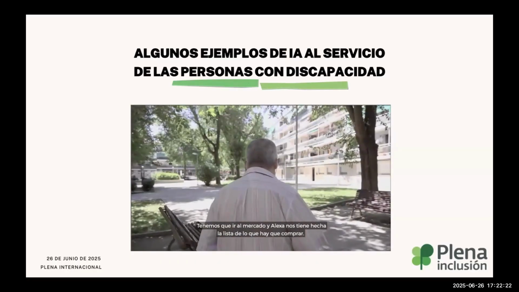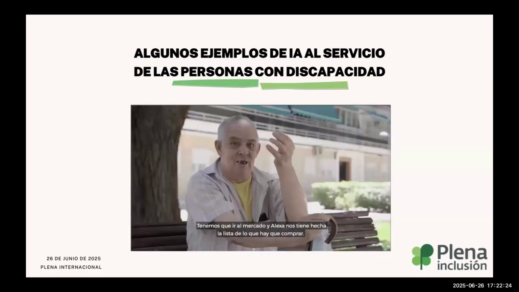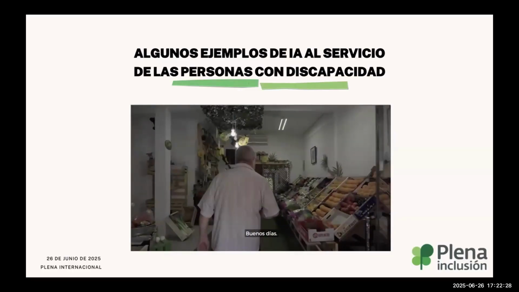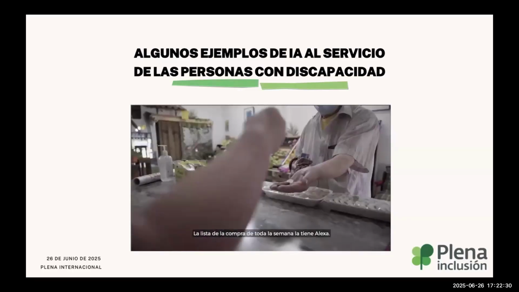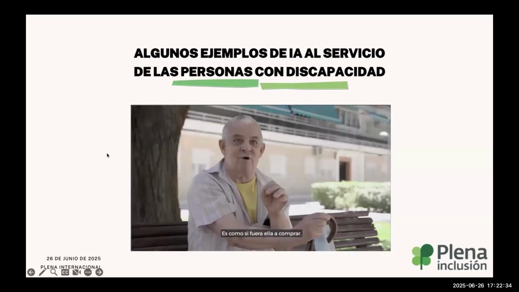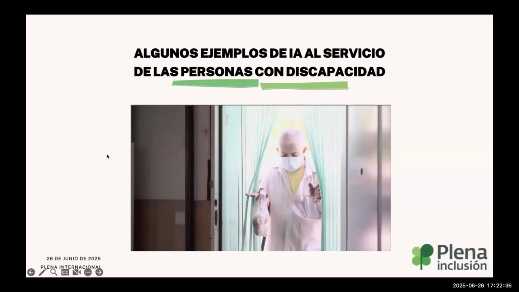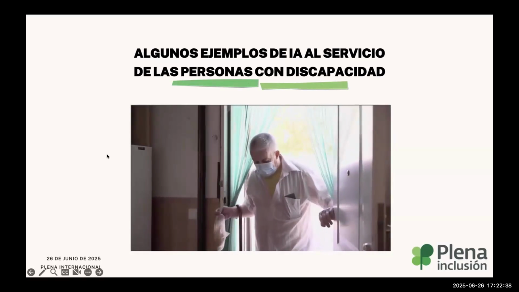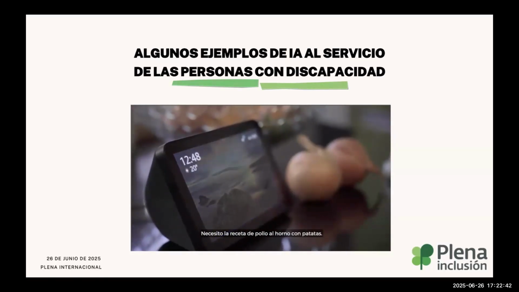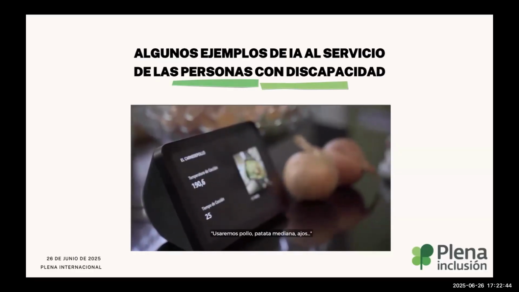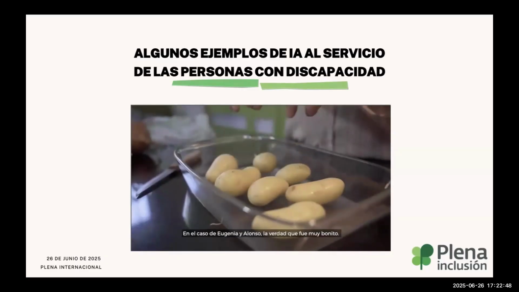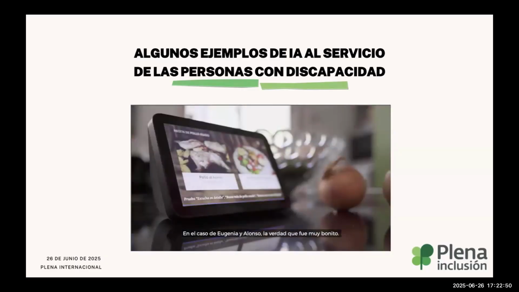Because with Alexa, we do the daily shopping. We go to the supermarket and Alexa has written the list of everything we need for the whole week. It's like she would go shopping. I need the roast chicken recipe with potatoes. We will use chicken, potato, garlic.